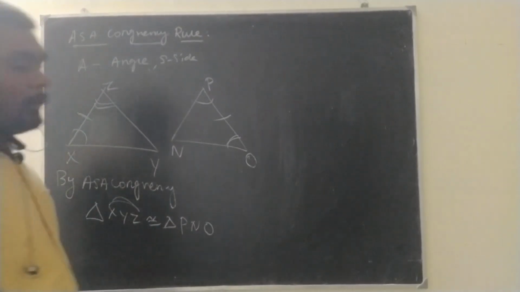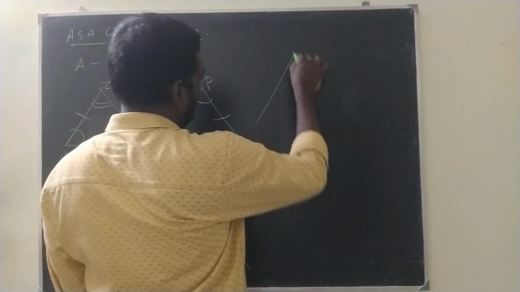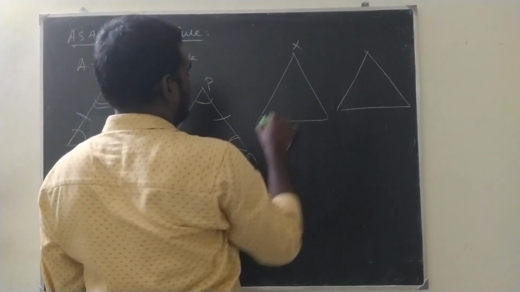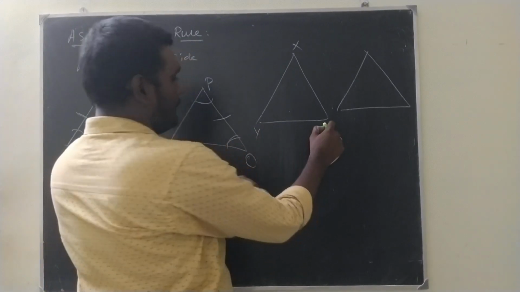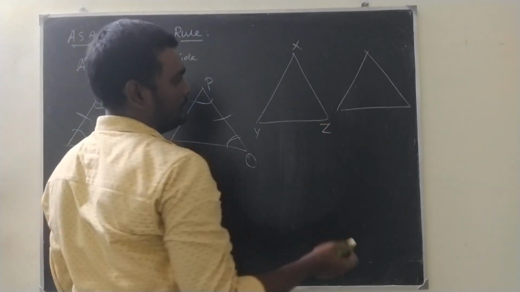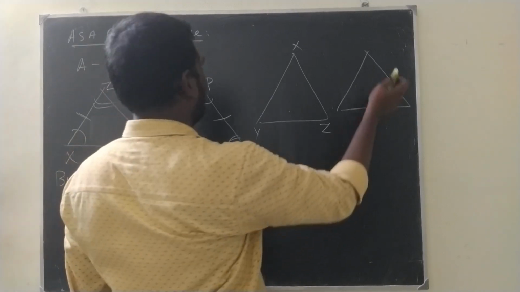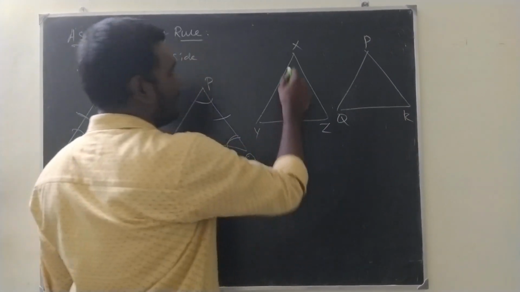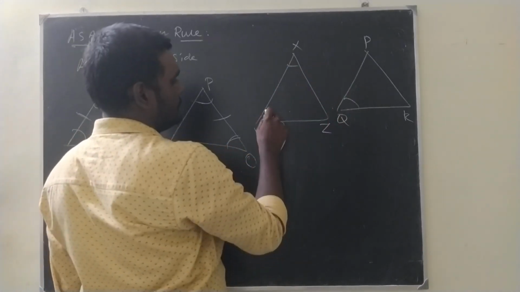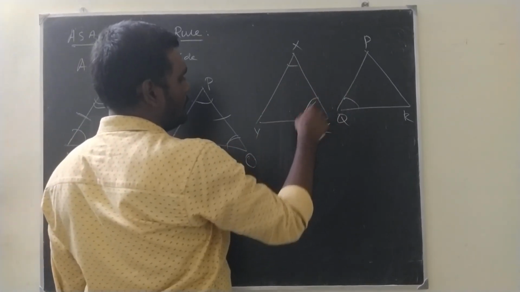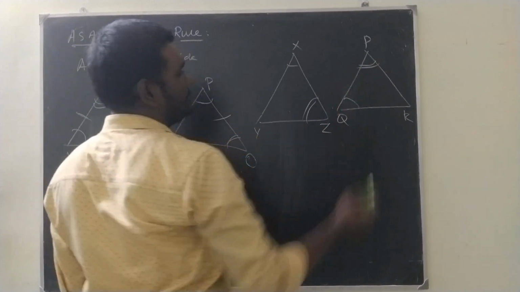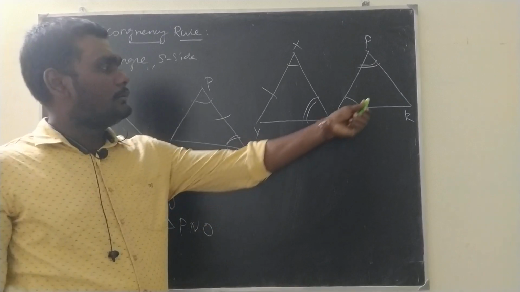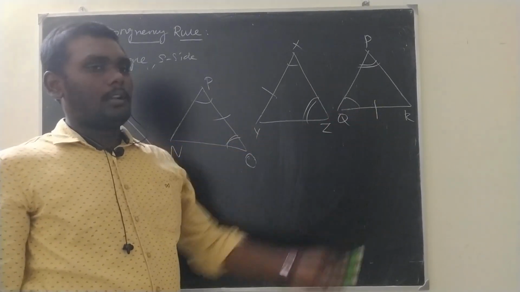Now, what if the side that is equal is not the common arm, but a non-common arm? Then what can we say? Same names I am taking, PQR simply. X is equal to Q and Z is equal to P, and the side XY is equal to QR.